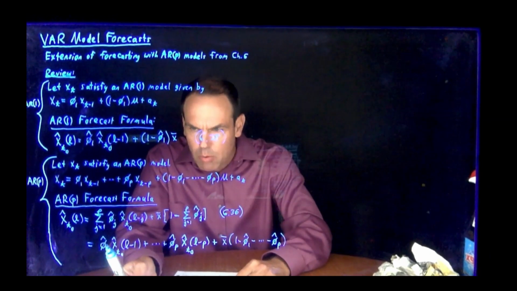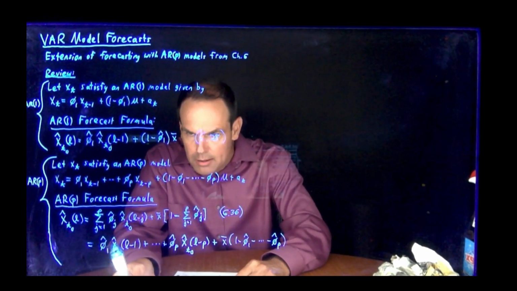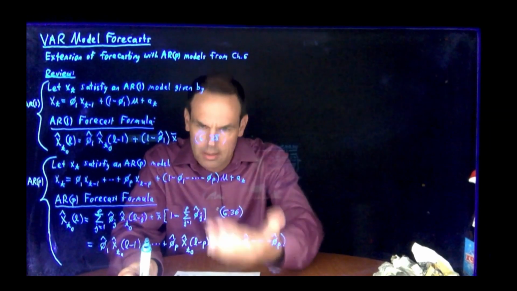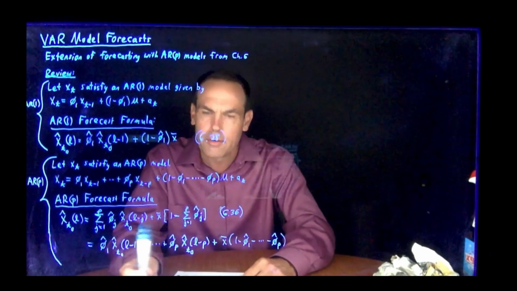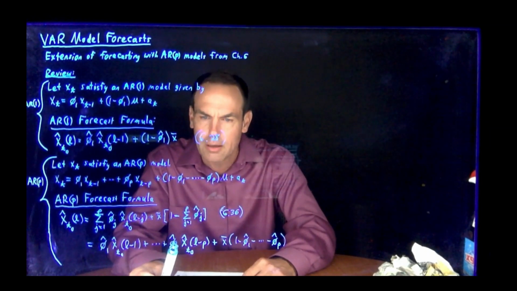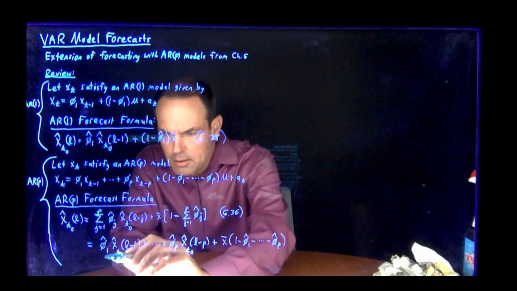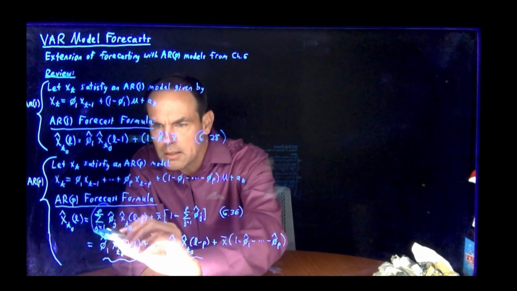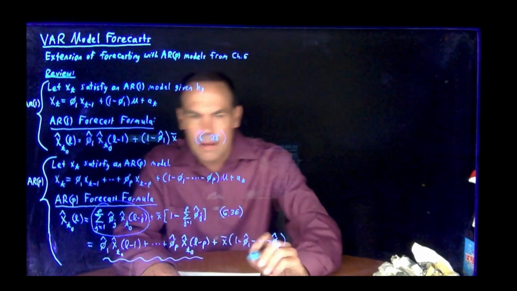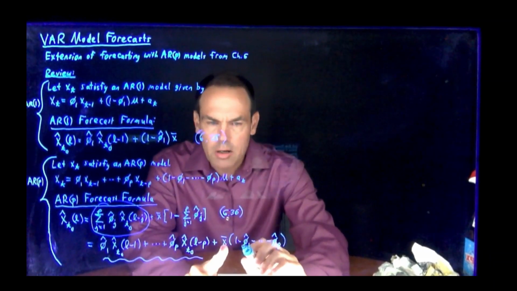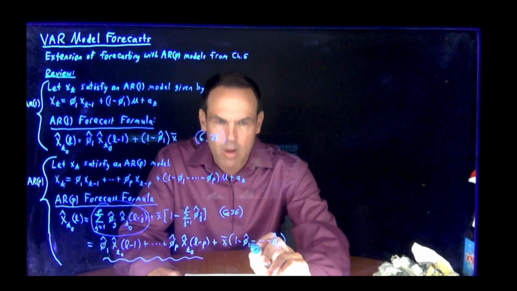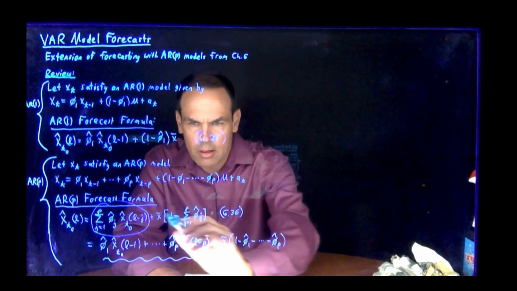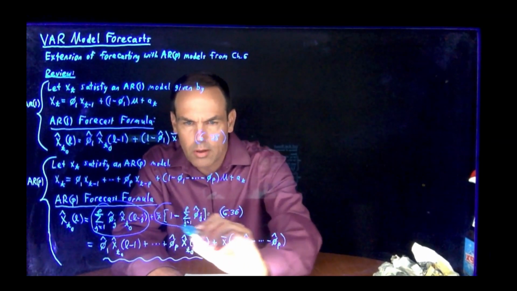And that's exactly what we have here, because we have phi hat 1 times x hat of t naught of L minus 1 plus, continue on, it would go to 2 and 3 and so on until it gets to p. So this piece certainly matches up with this piece. And then we have x bar times 1 minus phi 1 hat minus all the way out to phi hat p, which perfectly matches up with this.